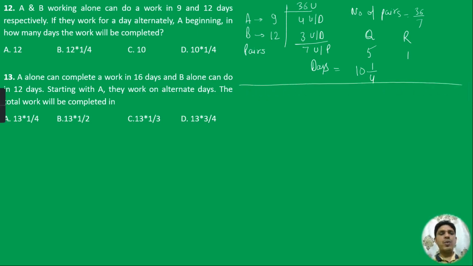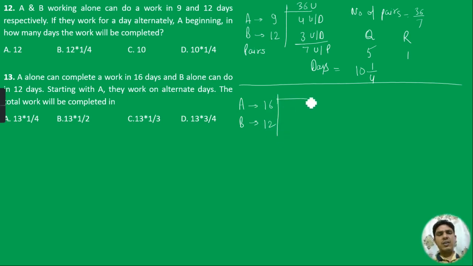Let us have one more question like this. Question number 13 is saying that A can do the work in 16 days. B can do the work in 12 days.